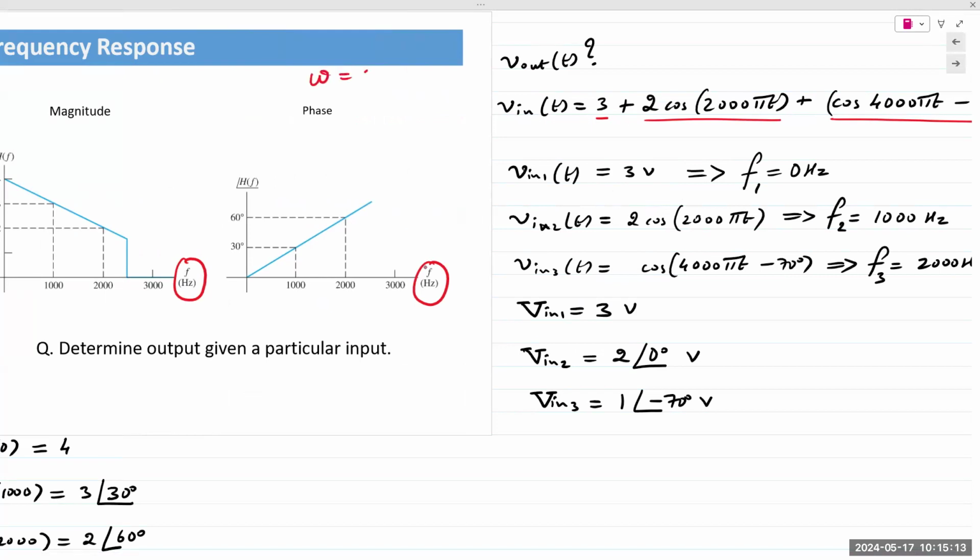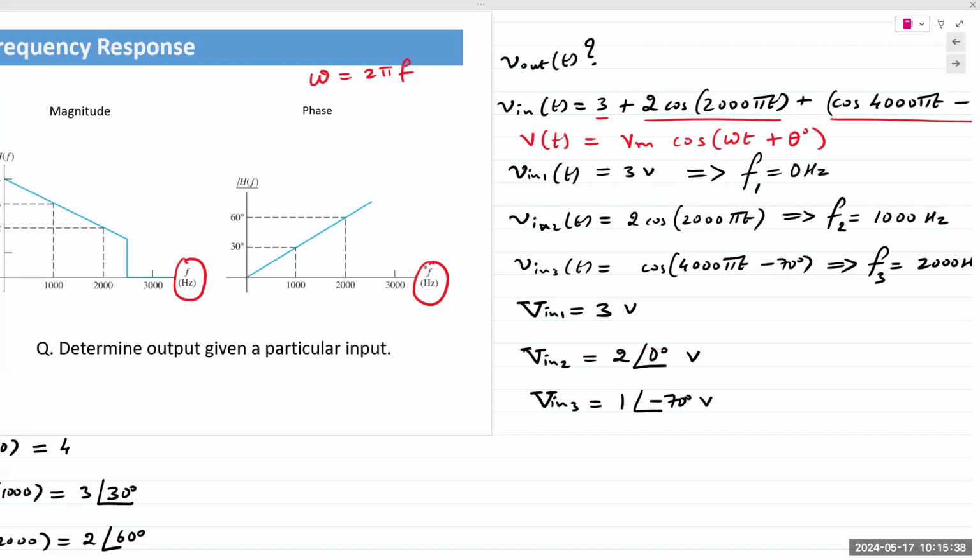Omega is 2 pi f, right? Omega is 2 pi f. So we compare this with our standard expression. V of t is Vm cos of omega t plus theta. We compare all three components with that standard expression.